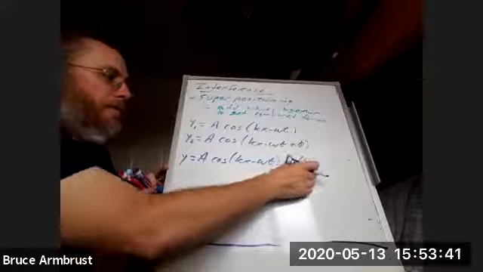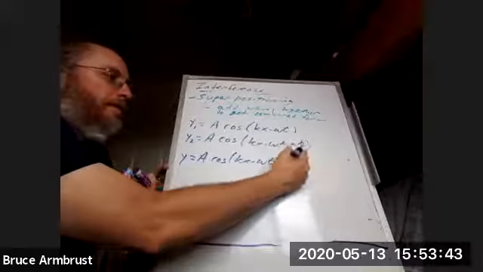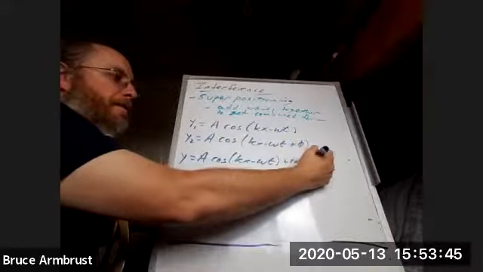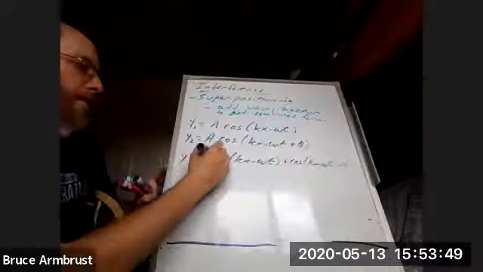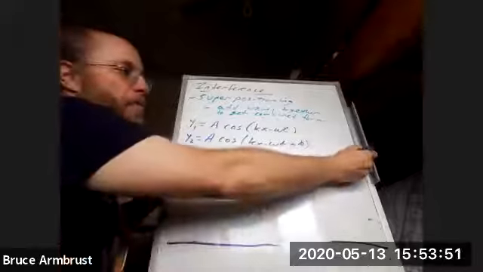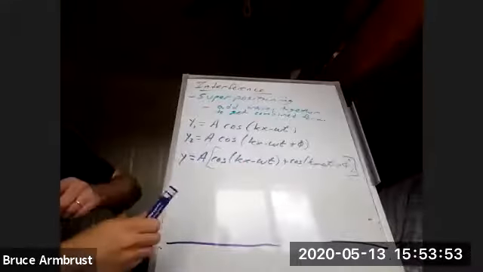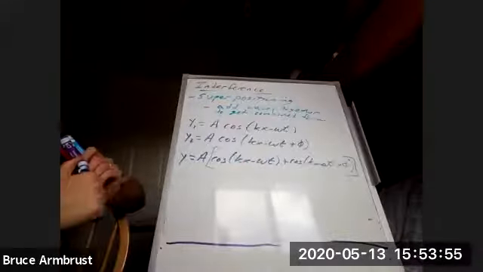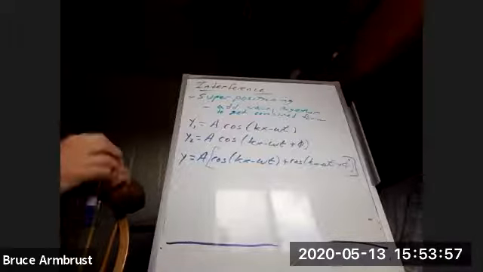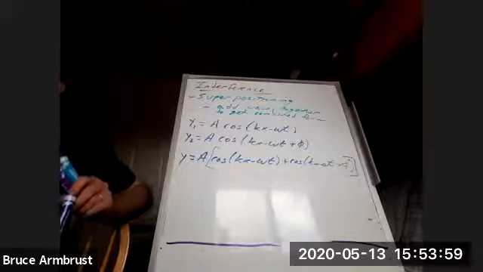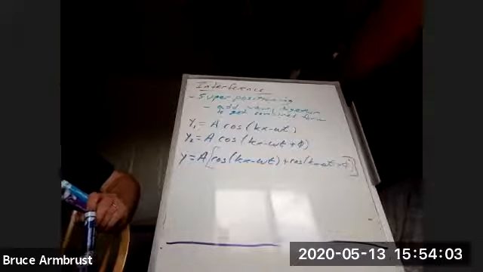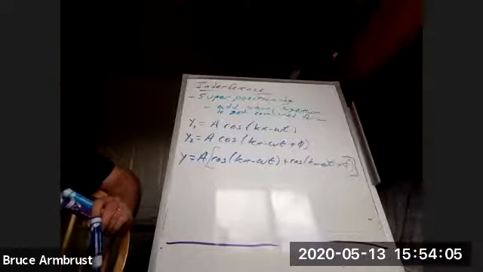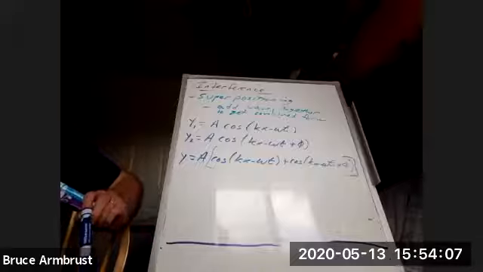And I'm going to put brackets around this because I can factor out an A from each. All right, so yay, we just added them together.